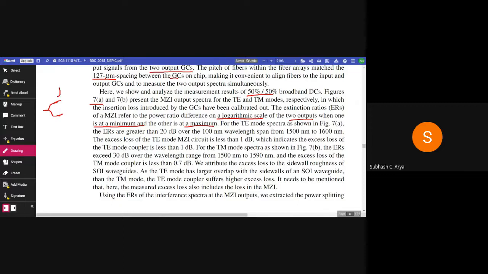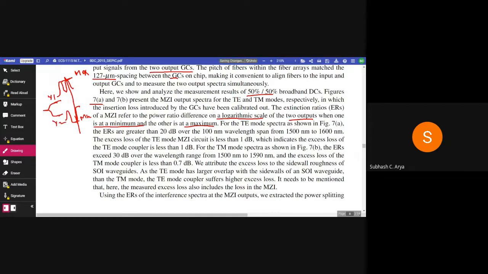When it is maximum, the other is the minimum. So at this value, this is the maximum and this is the minimum. This is the y1 and this is the y2.